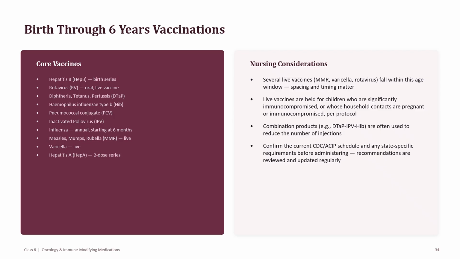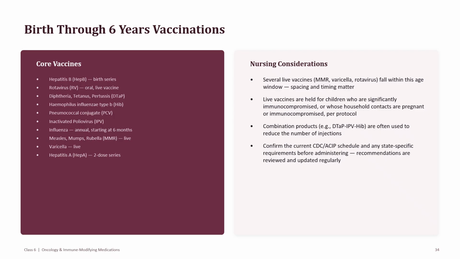So every single one of those visits, you're asking, is this child significantly immunocompromised? Or is anyone in the household pregnant or immunocompromised? That question has to happen before those particular vaccines go into the arm, or in this case, sometimes in the mouth, as rotavirus is an oral vaccine.